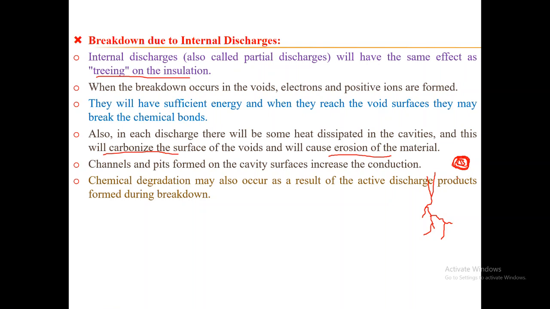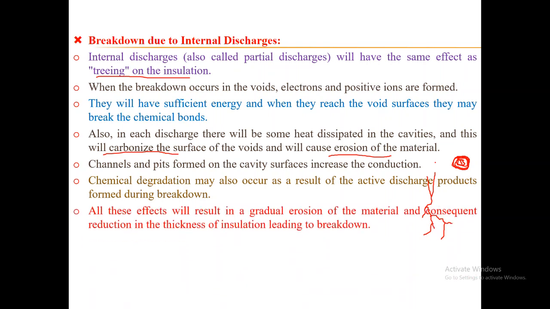The chemical degradation may also occur as a result of these active discharge products produced during the breakdown of this crack. All these effects will result in gradual erosion of material and consequent reduction in thickness of the insulation, which leads to complete failure. Initially this will be the dimension of the crack.